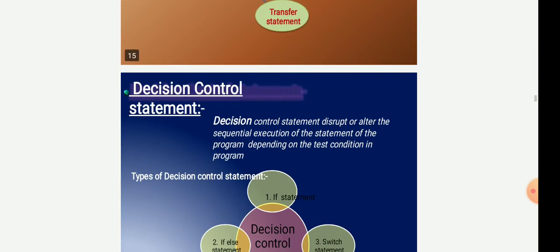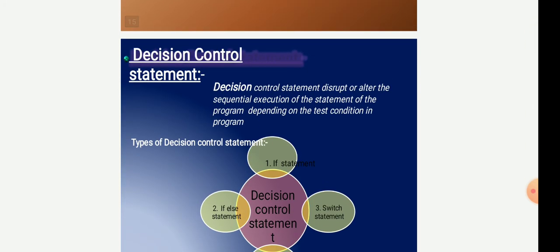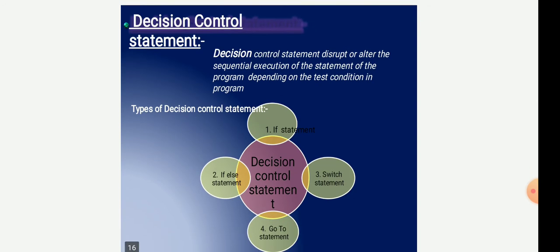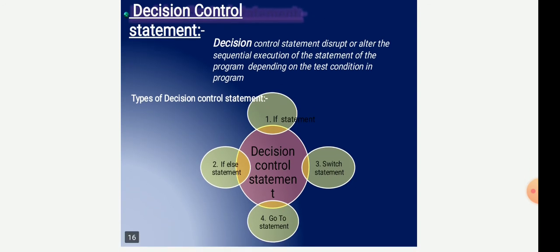The decision control statements are those statements that are used to alter the sequential execution of the statements of the program depending upon the test condition. So dear students, the decision control statements are used to control the sequential execution of the statements on the basis of the test condition.